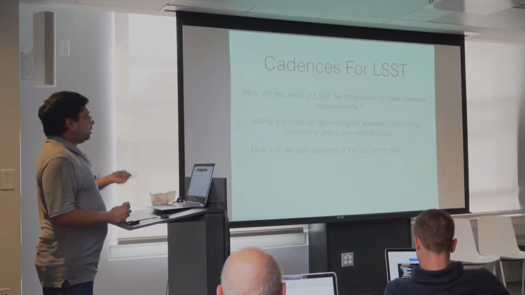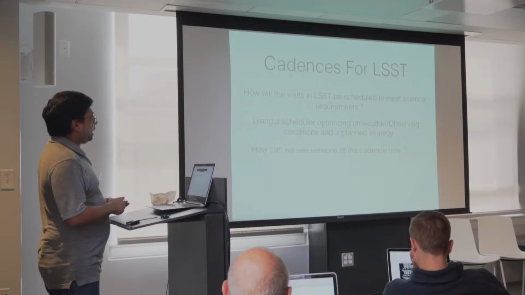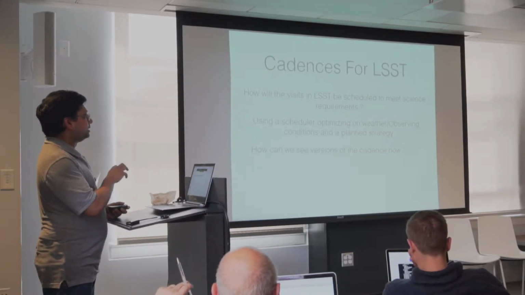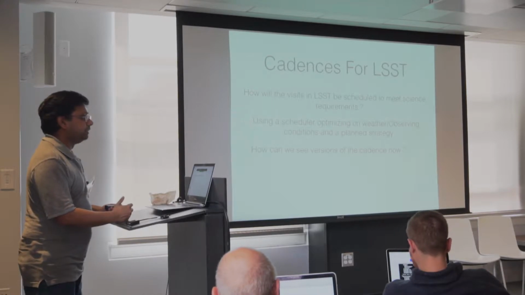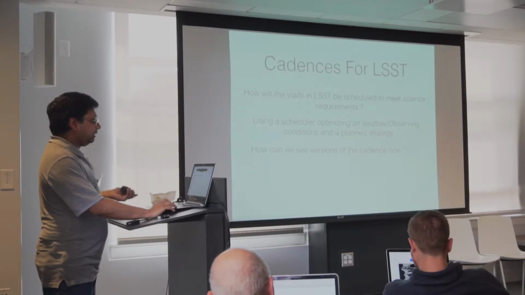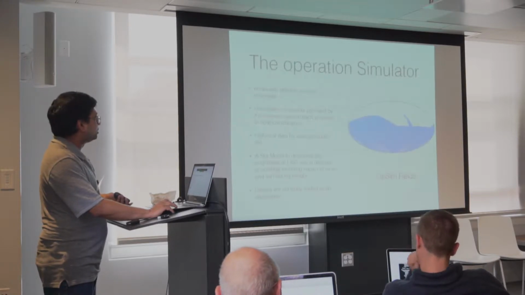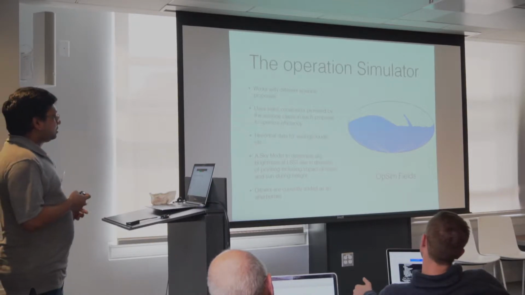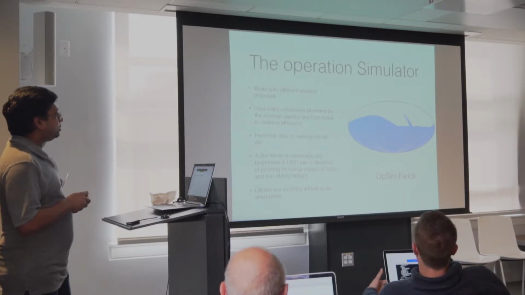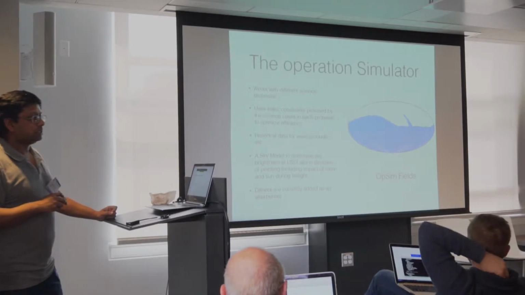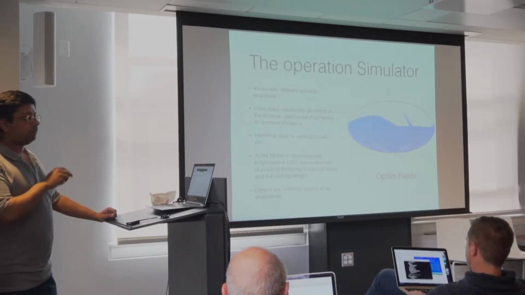So if we want to ask how these visits are going to be scheduled, there's a scheduler optimizing on weather, observing conditions, and a planned strategy. We can see versions of this cadence now using the operations simulator. And this is what the operations simulator tries to do. These points are the centers of different fields.